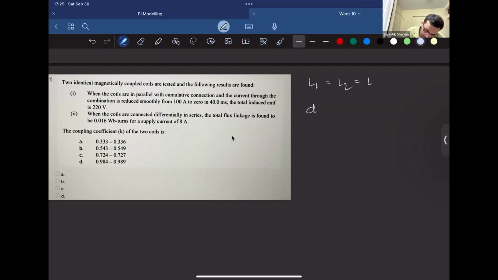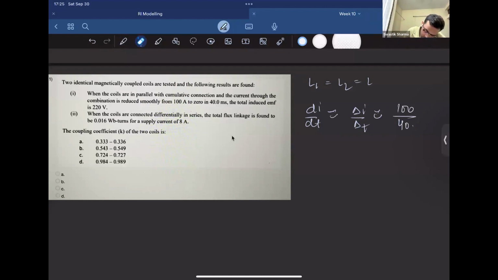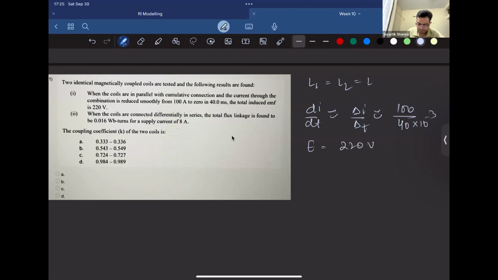That means di by dt, which can be written as delta I by delta t, is 100 upon 40 milliseconds. The total induced EMF is 220 volts.